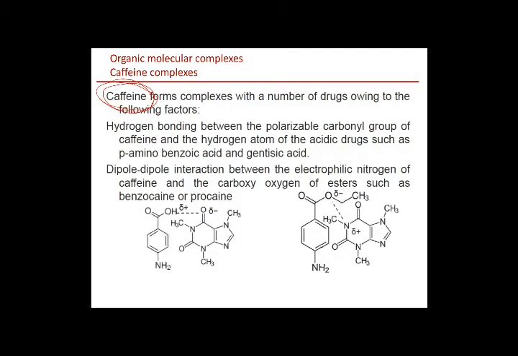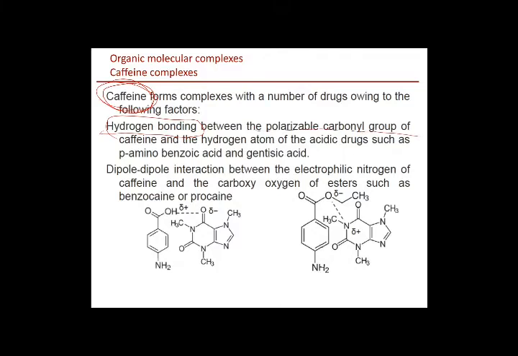Caffeine. I'm sure all of you have heard of this molecule. Caffeine can form complexes with many drugs. This is an example of interactions that will happen between caffeine and different drugs.